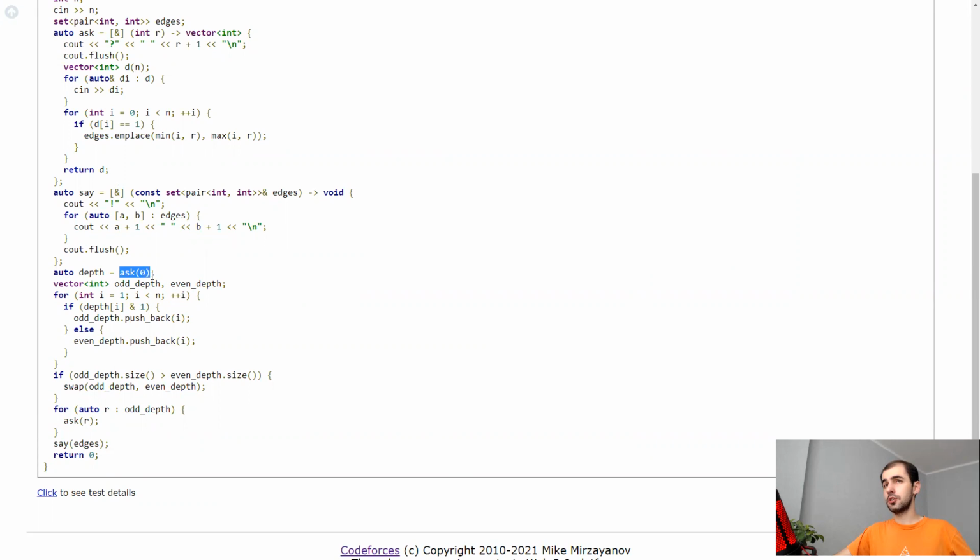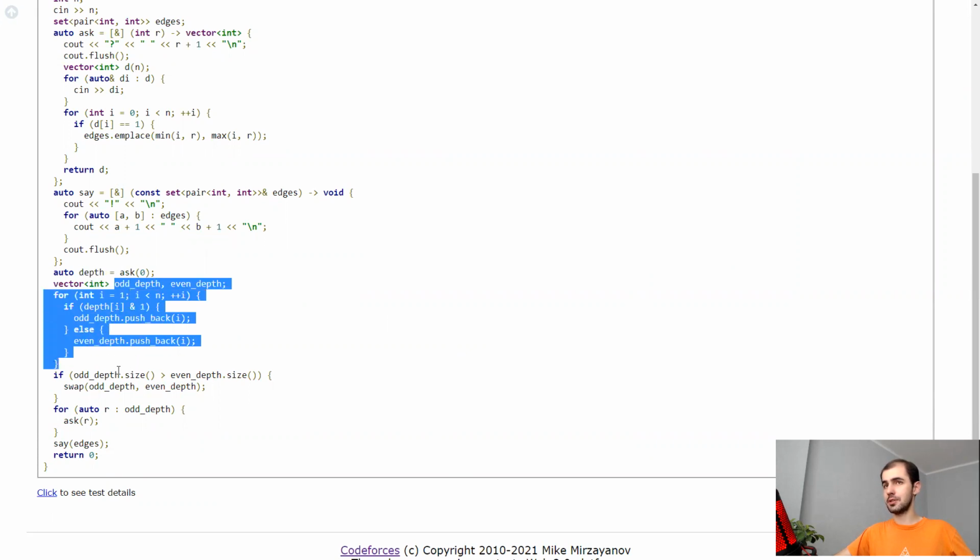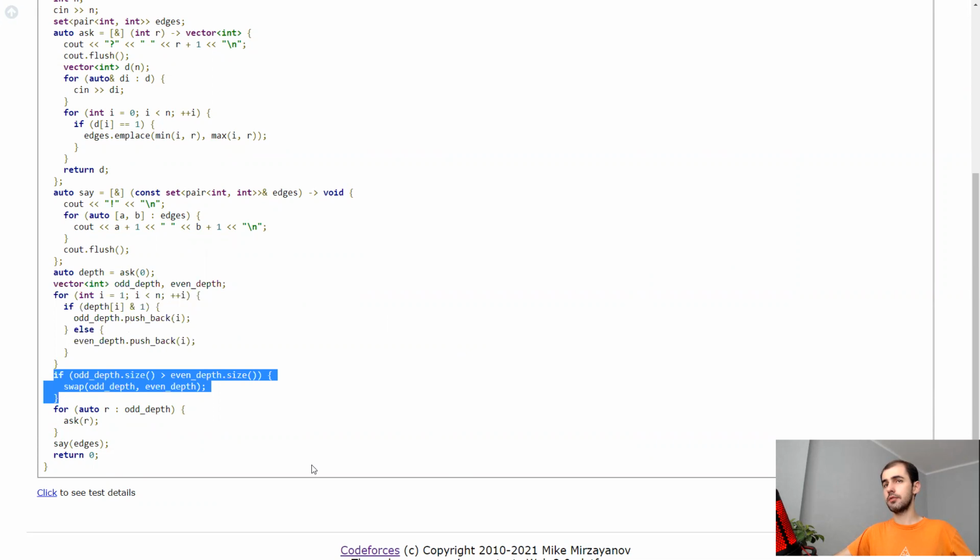So I pick an arbitrary root, I query what is the depth in this BFS layered structure, and then I partition vertices into even depths and odd depths. I pick whichever is smaller by this nice trick, I ask about all vertices in this set, and I print edges.